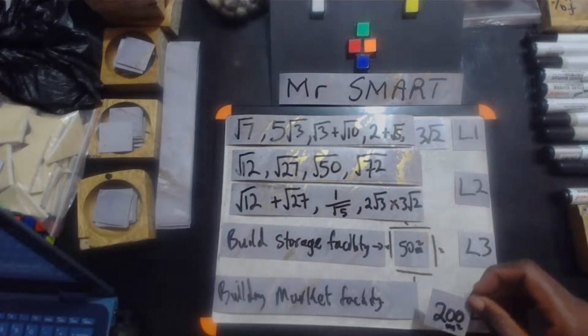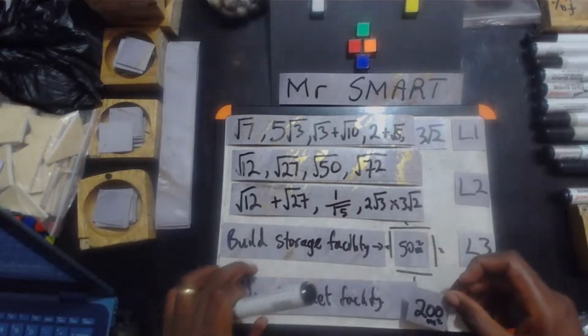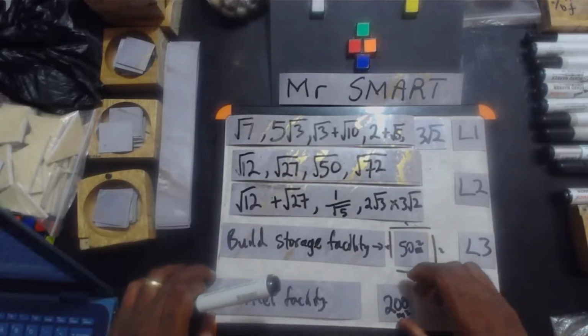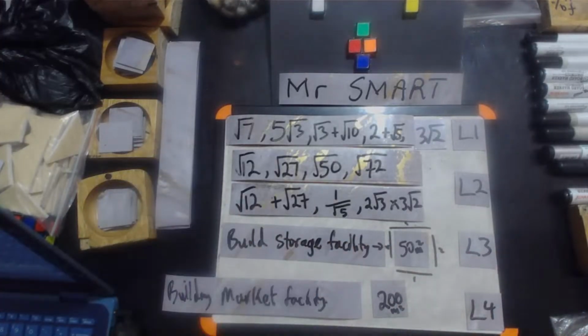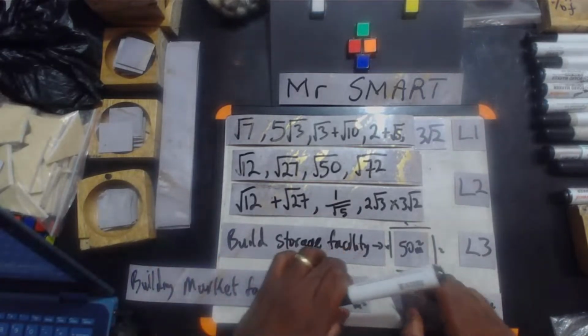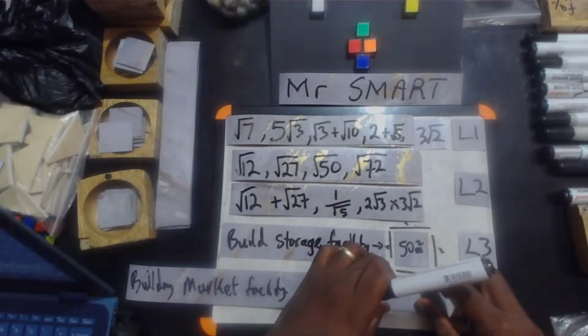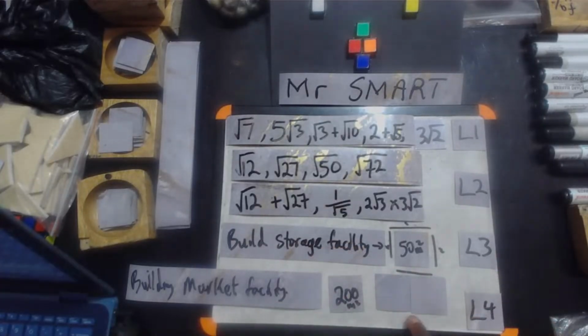So the square has this inside it, the hall has this, but the storage area is not a square. The storage area is a rectangle. So let's put these two squares to form a rectangle.